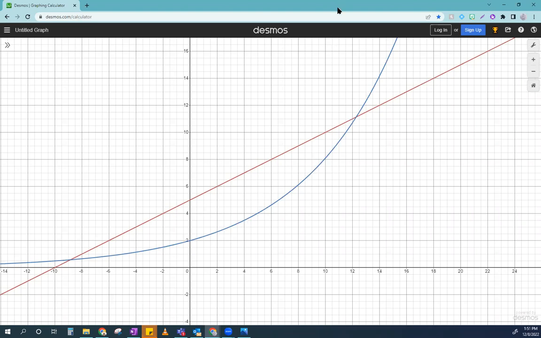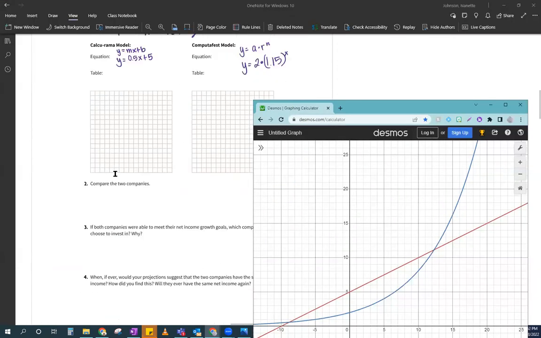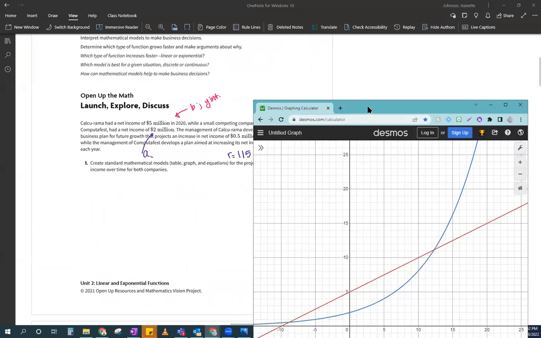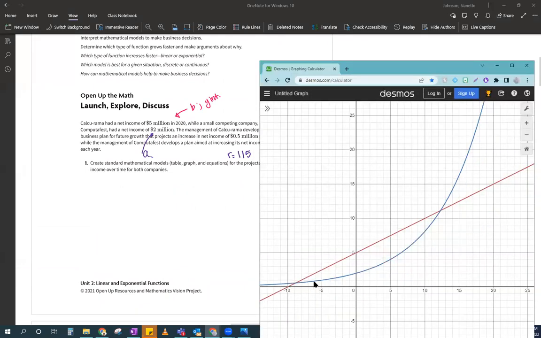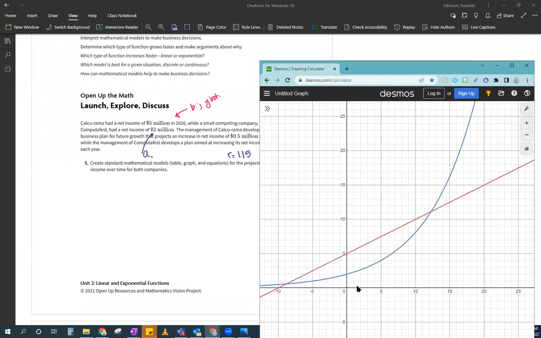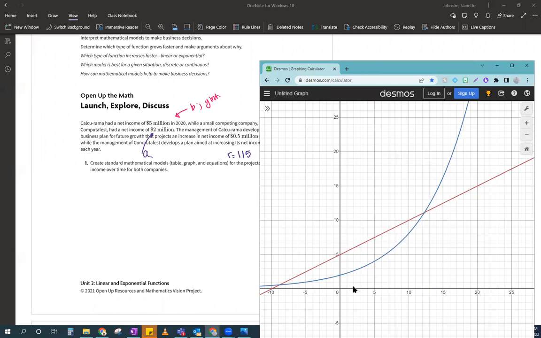But then we bring it back to our context, right? And do negative numbers make sense in this case? Do negative years make sense in this case? And the answer is no. Well, okay, it makes sense in the fact that if I talked about -5, I'm talking about 5 years ago. So it kind of does make sense. But in this, they're projecting, right?